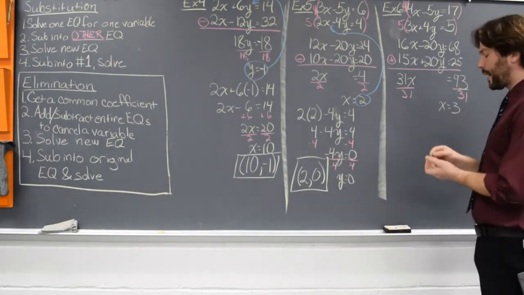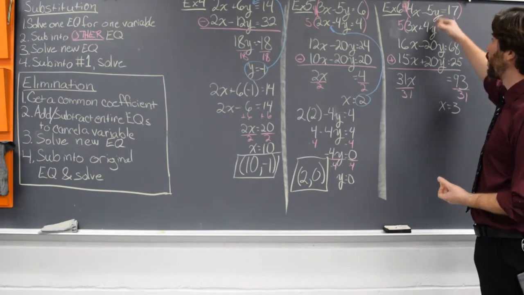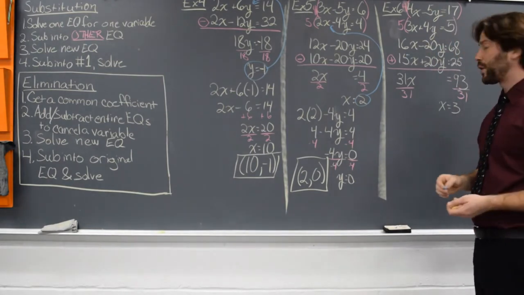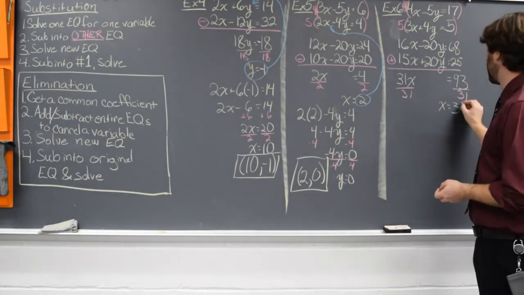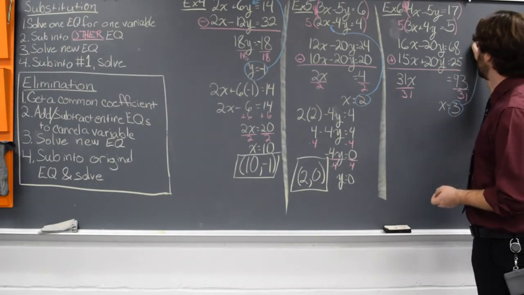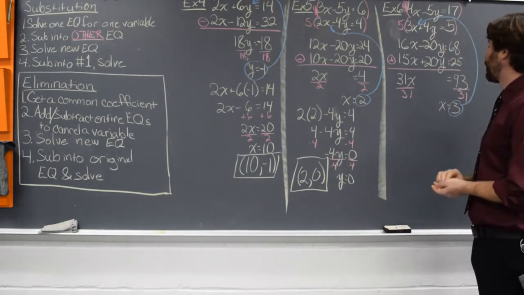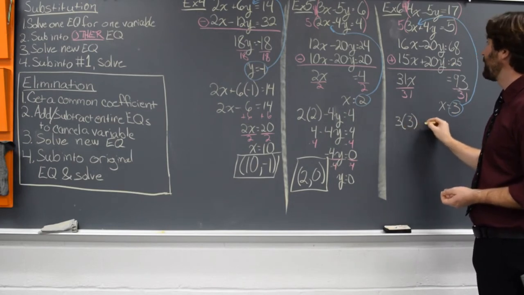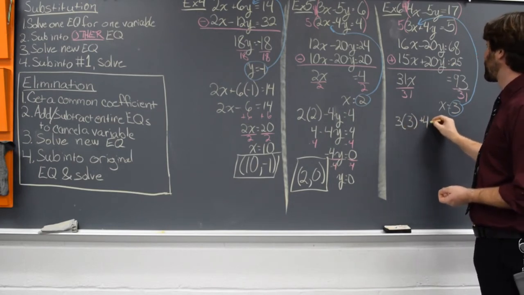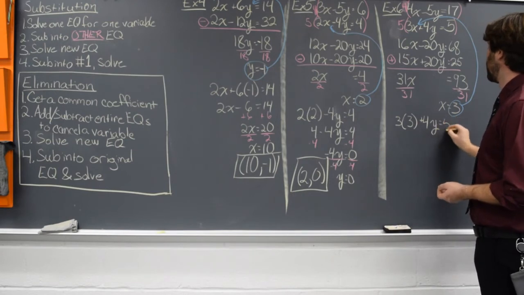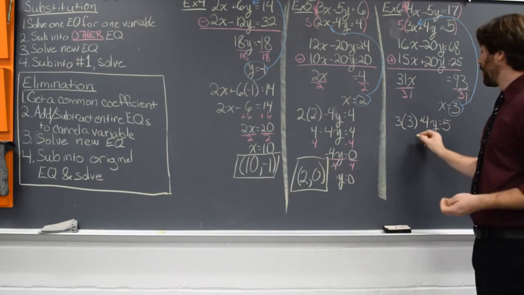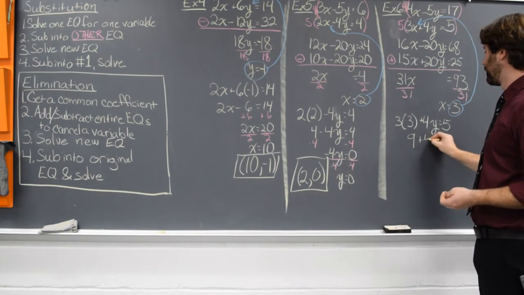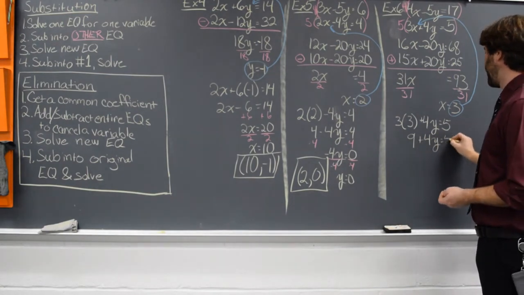Now, once I have what x is equal to, I can take it back to one of these original ones, and it doesn't matter which one, and solve for y. So I'll take x equals 3, and I'll put it into this second one. So 3 times 3, instead of x, plus 4 times y equals 5. 3 times 3 is 9, plus 4y equals 5.